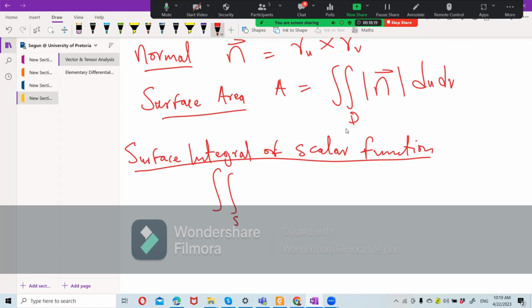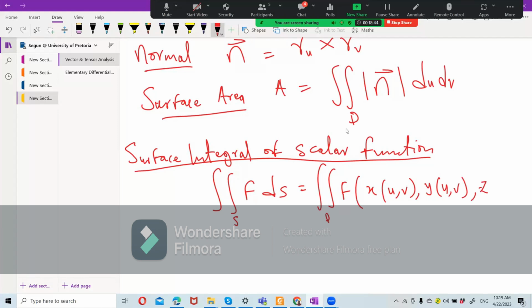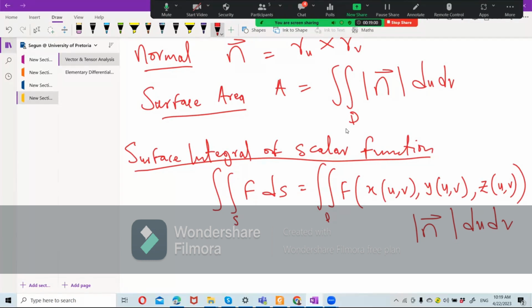Remember, surface integral is a double integral of f dS, which is the same thing as the integral over D of f of x(u,v), y(u,v), z(u,v), everything multiplied by the normal. Don't forget du dv. It's all together, please. Because of the space, that's why I just jumped here.